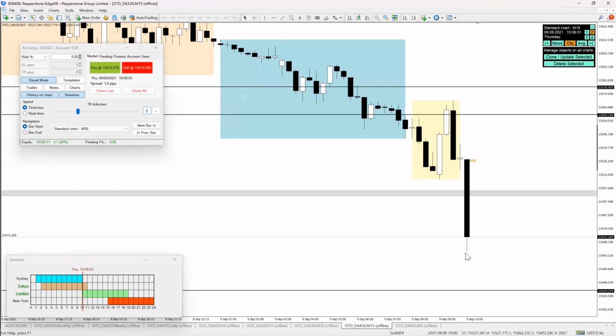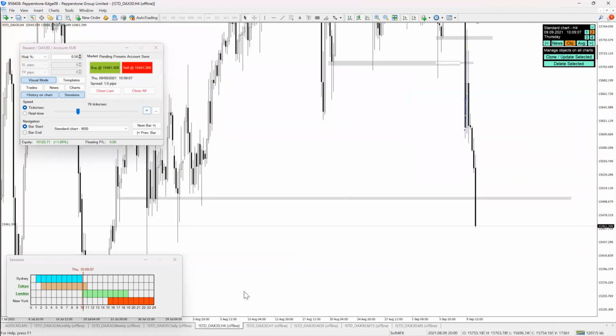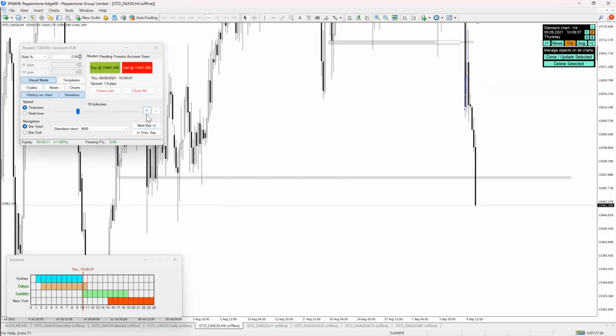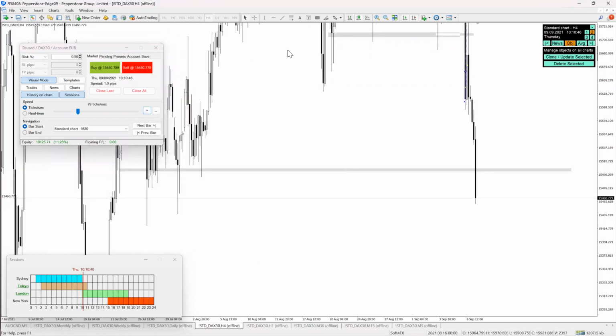Let's see, what's this candle going to do? There's a little order block just across here, and there's been many rejections.